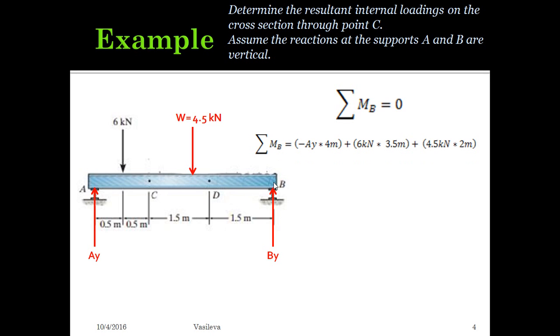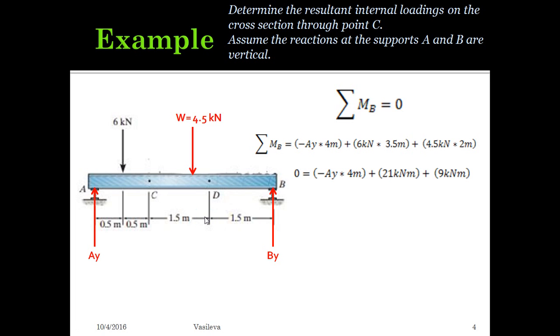When I do the sum of the moments about point B, I can ignore BY because it falls on B. But then AY causes a clockwise rotation, so it's negative AY times 4 meters plus this 6 kilonewtons, it causes a counterclockwise rotation, times 3.5 meters plus 4.5 kilonewtons, it causes a counterclockwise rotation, times 2 meters, so it's 1.5, and remember it's 1 meter from C, so there's another 0.5 here.